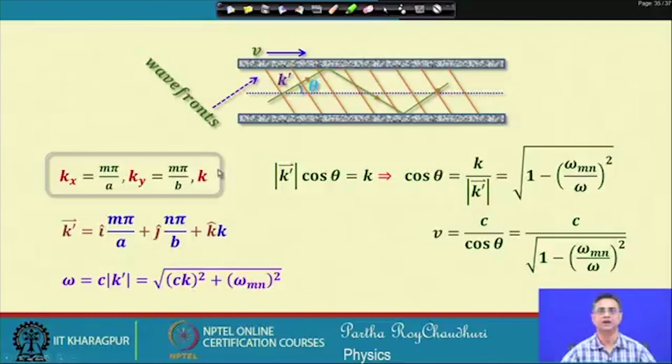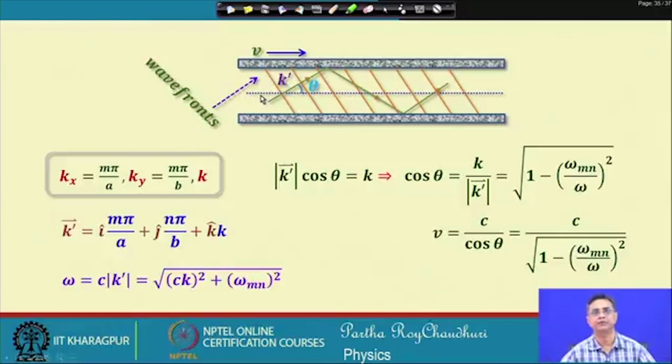Now, I look at the structure. This is the wave front. These yellow lines are the wave fronts at regular intervals of the wavelength, and the wave is travelling in this direction, getting reflected back and forth from the upper and lower interface, and you have also the similar thing sidewise.